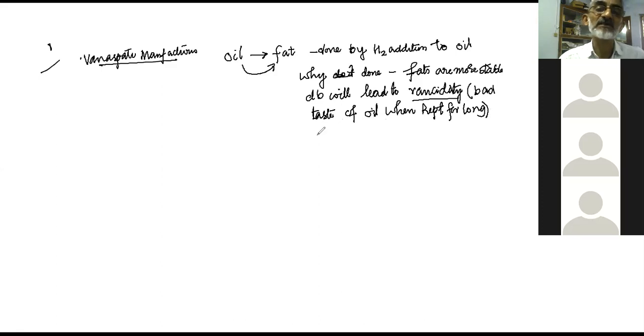This is due to oxidation of double bonds with atmospheric oxygen in presence of water, that is, moisture.